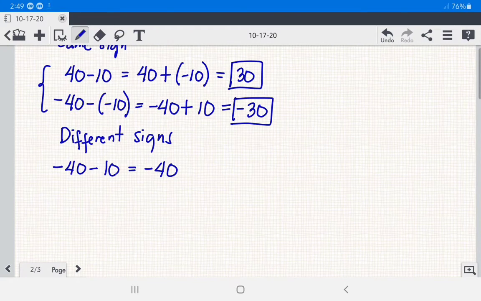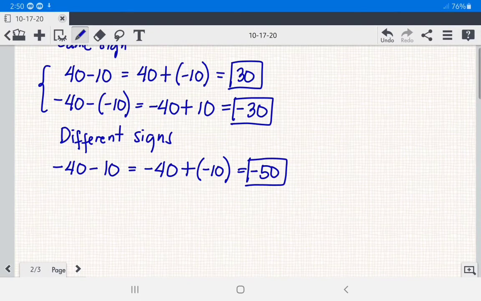Then change the sign of the subtrahend from positive 10. Make it negative 10 and then proceed to addition. So plus negative 10. So as you can see, they are now integers with the same signs. Okay? So what you are going to do is you just add. We have 50. Then copy the common sign.